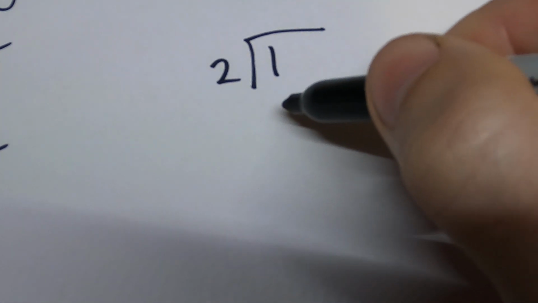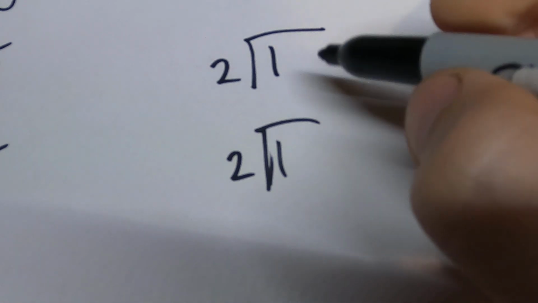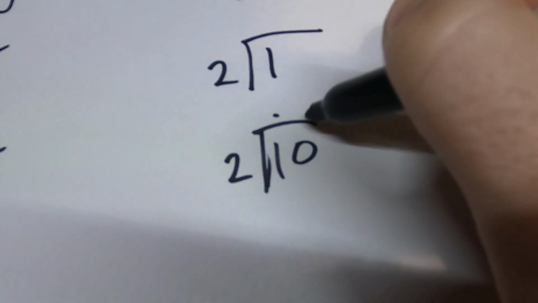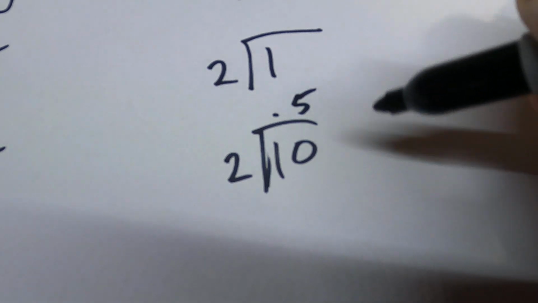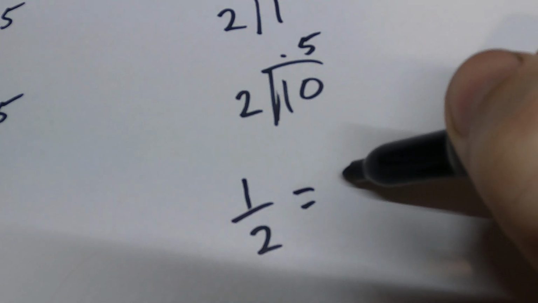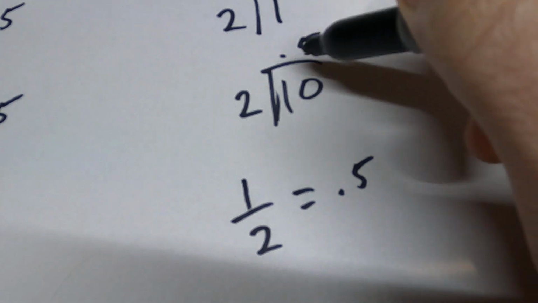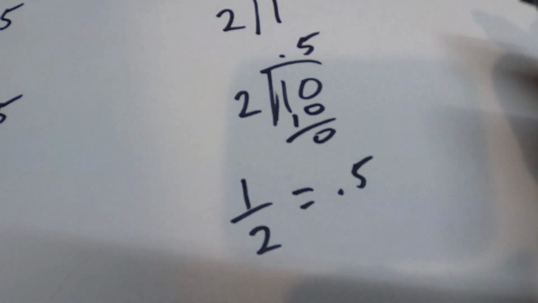And so obviously 2 can't go into 1. So we're going to add our 0 and our decimal point, and 2 can go into 10 5 times. So that's going to give us 0.5. So again, it'll be the same as 1/2 equals 0.5. 2 times 5 equals 10. So it'll be 10 and no remainder.